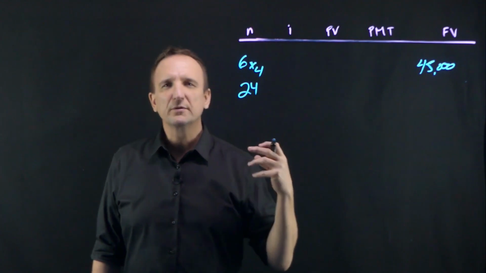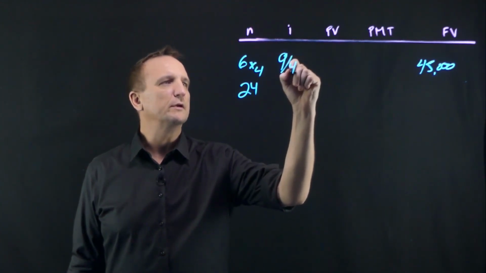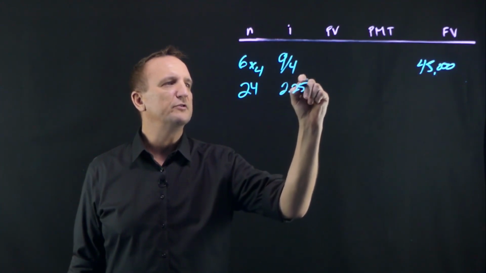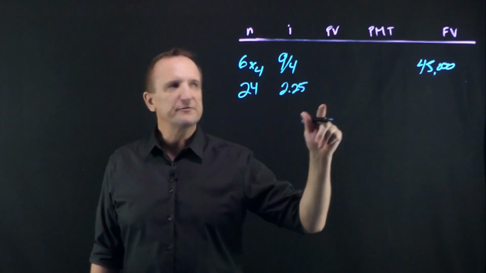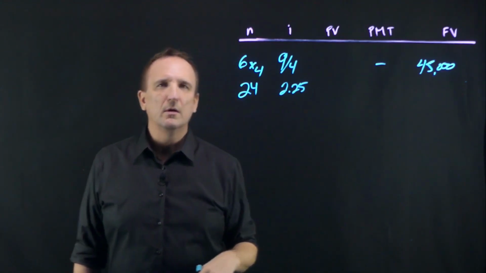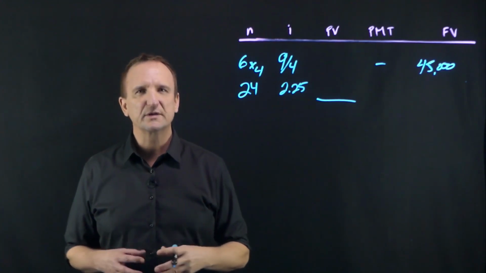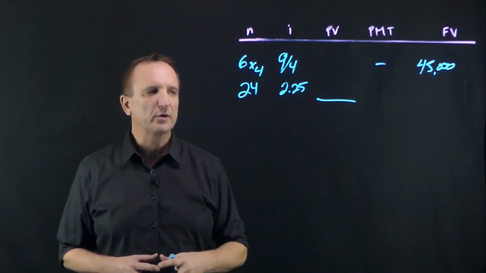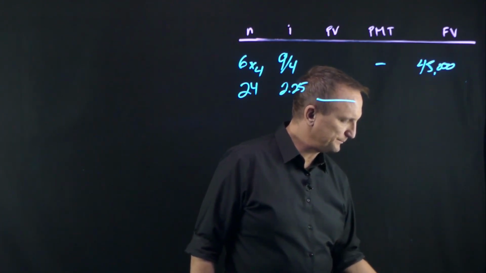We want a 9% return annually divided by 4 because it's quarterly. So that's going to be 2.25. There's no mention of any cash flow along the way. So our payment's going to be 0, and we want to know what we should pay for this investment today. So we're solving for present value. We're on problem 3.8.